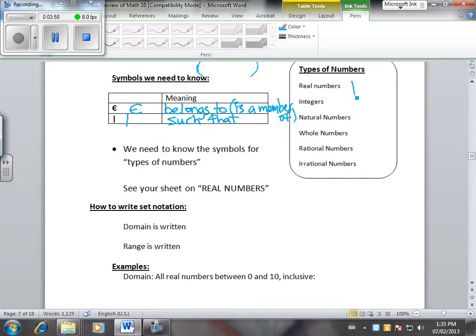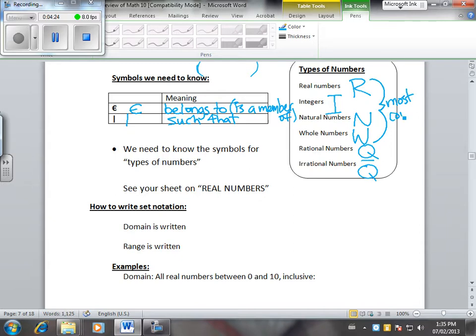And then over here we have types of numbers. So capital R is all real numbers, capital I integers, capital N is natural numbers, W is whole, Q with a line under it are rational numbers, and then Q are irrational numbers. And it's these first 4 that you're going to see most often.